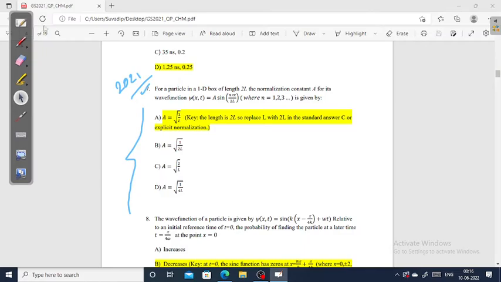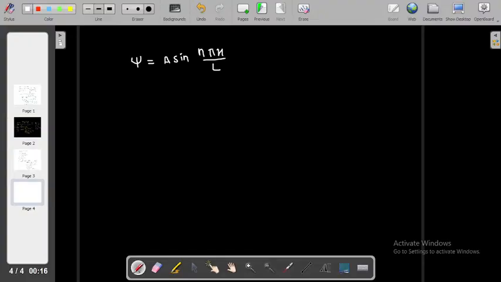So it is our wave function. We know the process of normalization, that is the integral of psi star psi dx. It is for one dimension, so I can make it dx, and the limit here will be 0 to 2L as the box length is 2L.